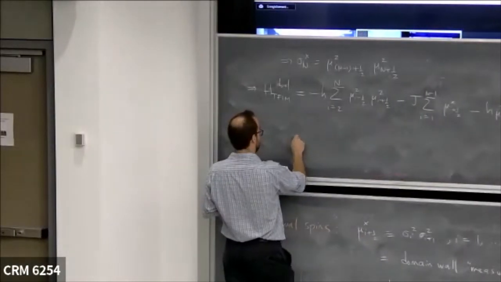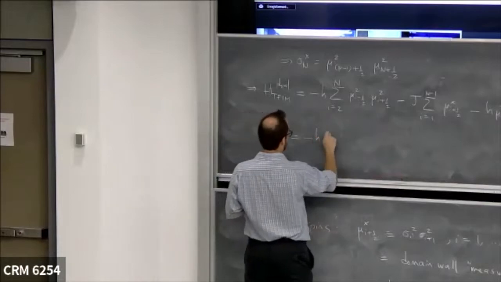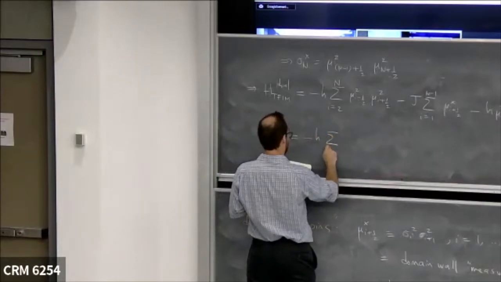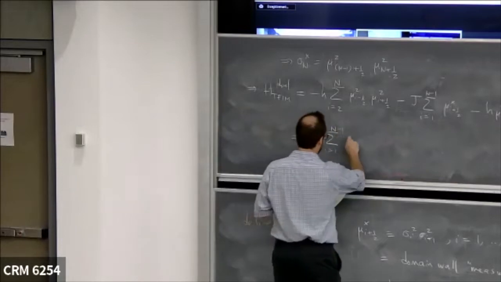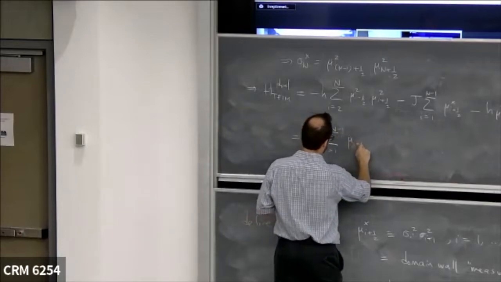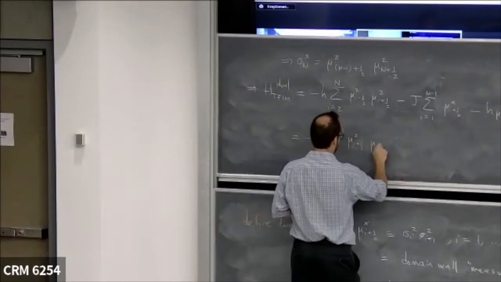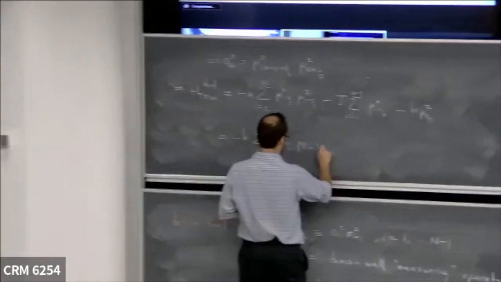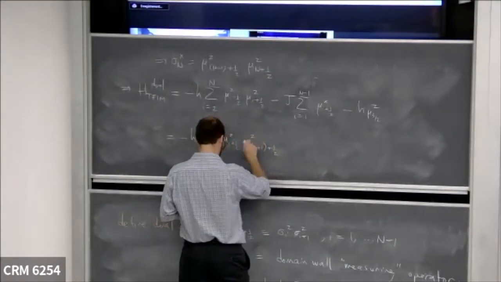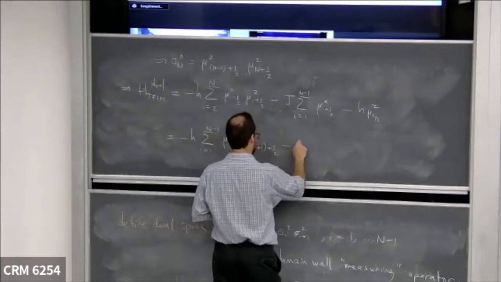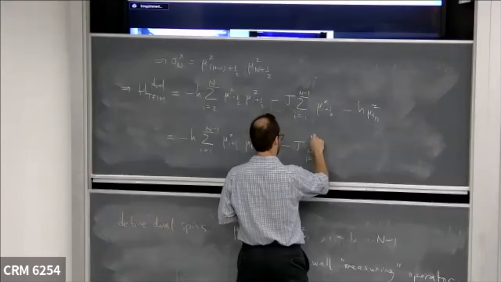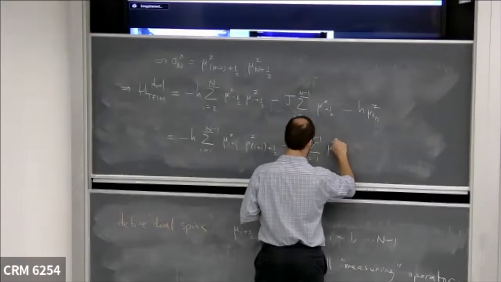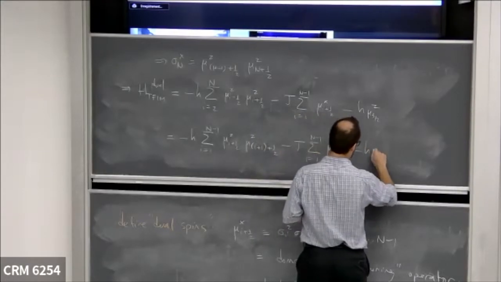Just to shift the term into the sum, I have the sum from i to n minus 1 of mu i plus a half z, mu i plus 1 plus a half z, minus j, sum from 1 to n minus 1 of mu i plus a half x, and again minus.